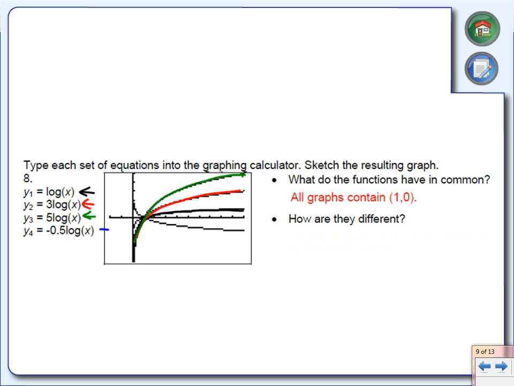And this one right here is going to be this graph. So how are they different? What do we notice? Some get bigger, and why are they getting bigger? What are we doing to them? It's less than 10. Like the base is less. Okay, and then the negative, that's why it's reflected. All right, so there's one that's being reflected. Let's write that down. That's how they're different. One of them's being reflected.